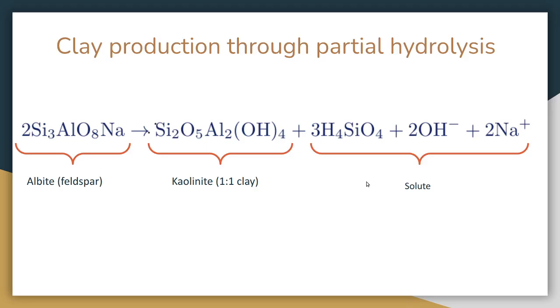And this is the solute, which is a bit of silicate with some water, and some sodium ions, which in this case are very soluble, as we know, for example, from table salt.